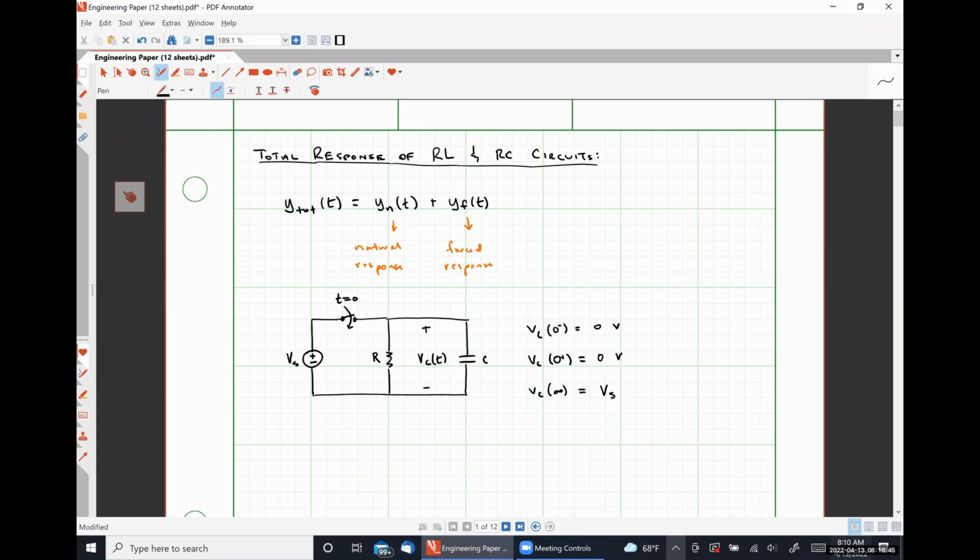So this V at infinity term here represents the forced response of our capacitor voltage.